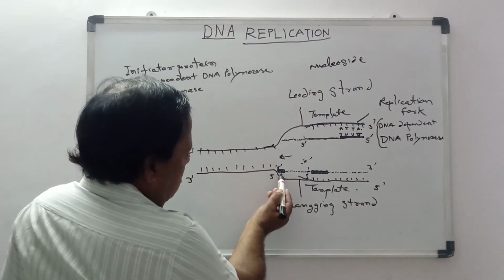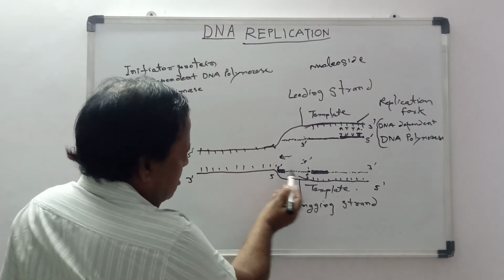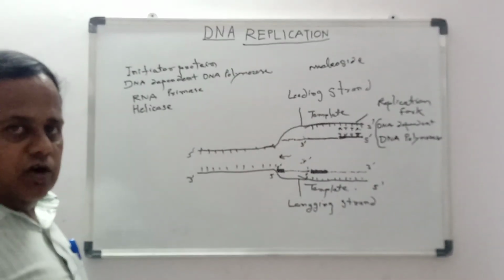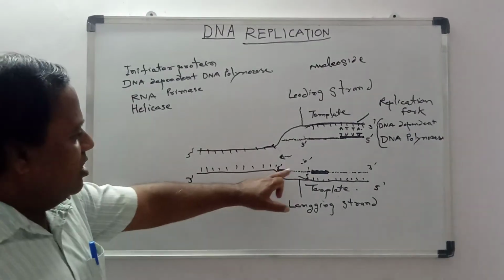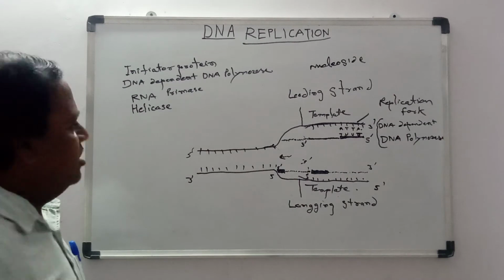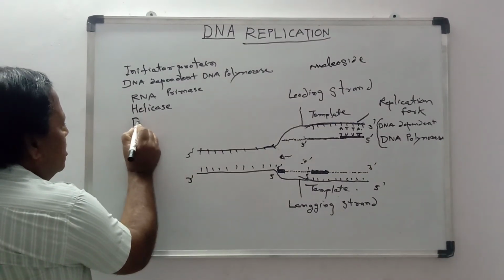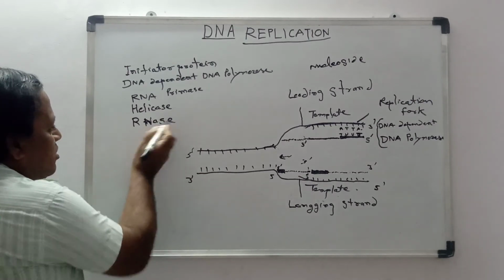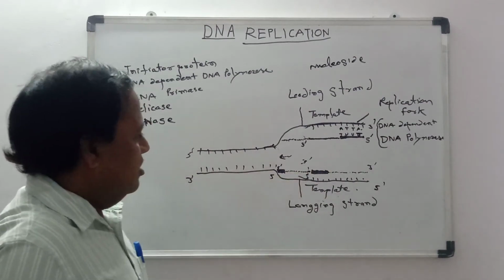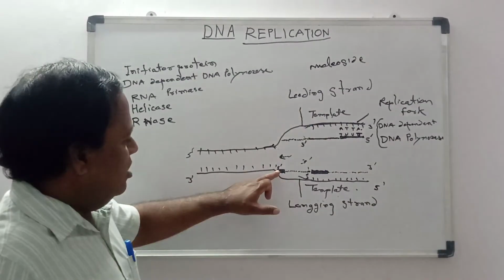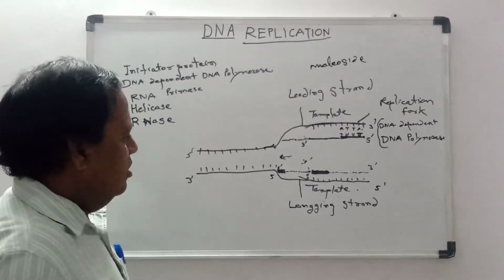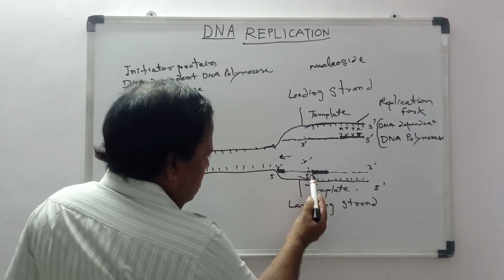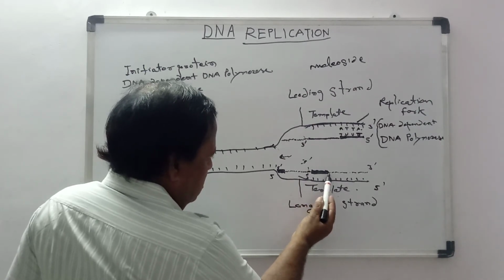Now we have to remove these RNA pieces which are over here. After the formation of the DNA strand, these RNA pieces are removed by another enzyme called RNase. Now that enzyme comes into action and removes this primer from here. Now we have to attach these DNA strands which are formed here.